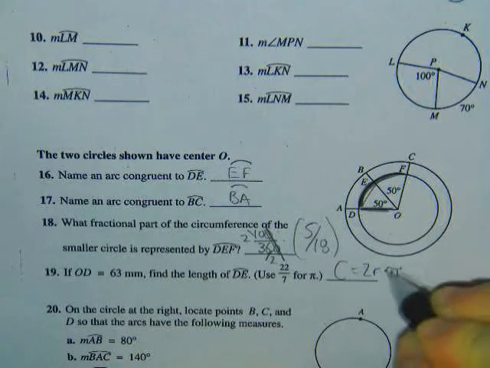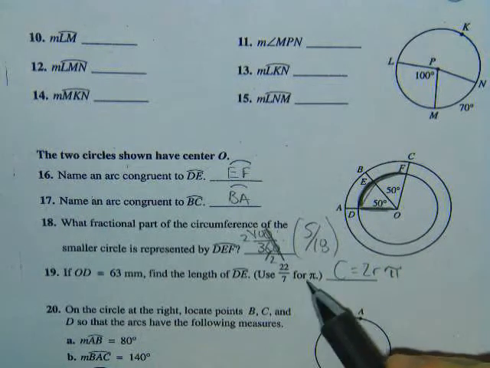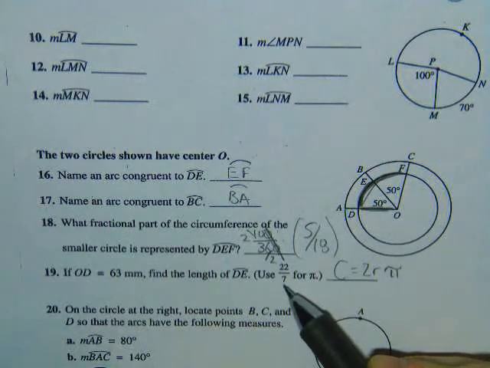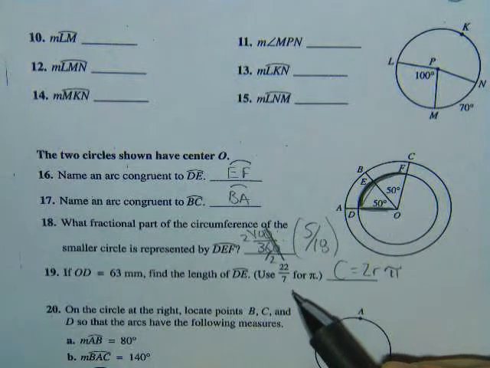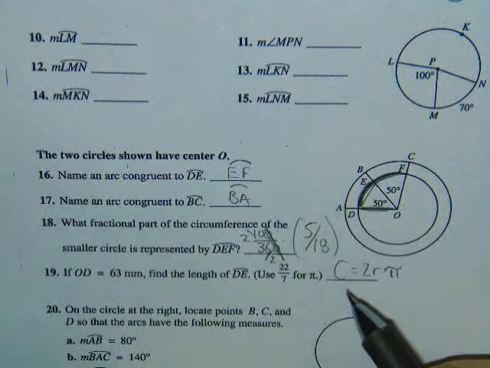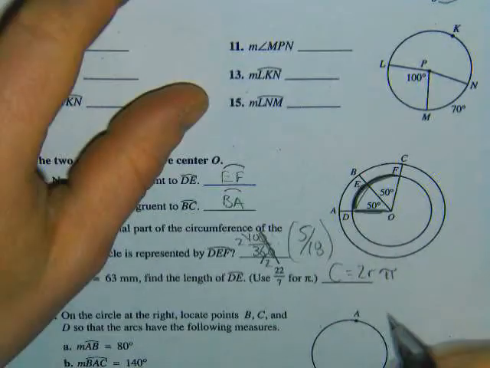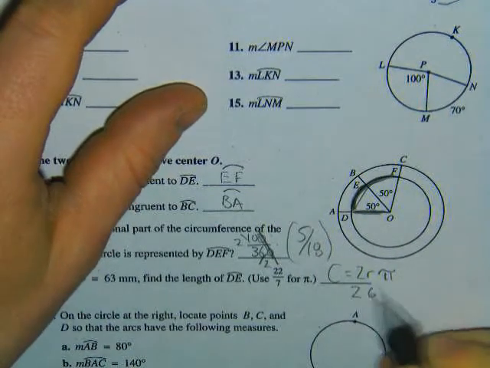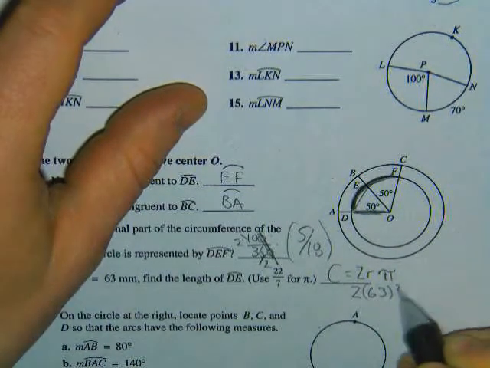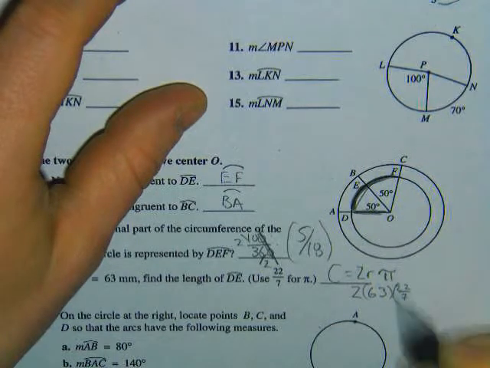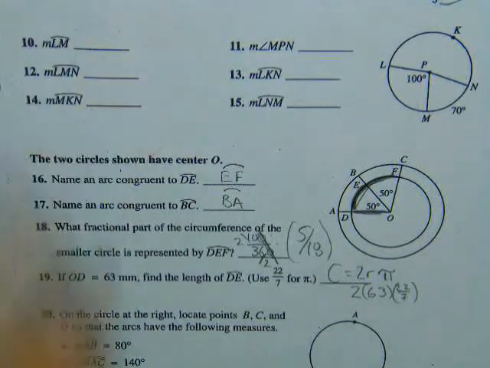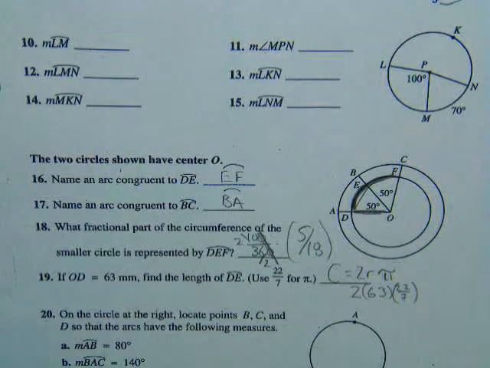And for pi, we're going to use 22 over 7. We use 2, and the radius is 63. So we get 2 times 63 times 22 over 7. And then what fraction is DE?